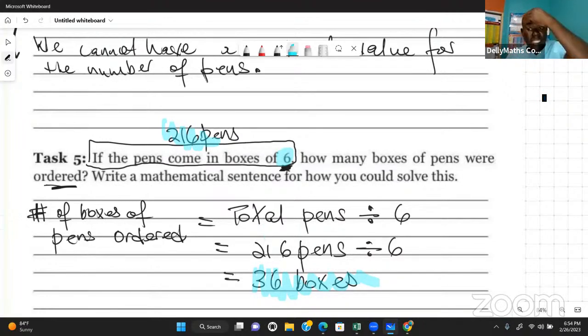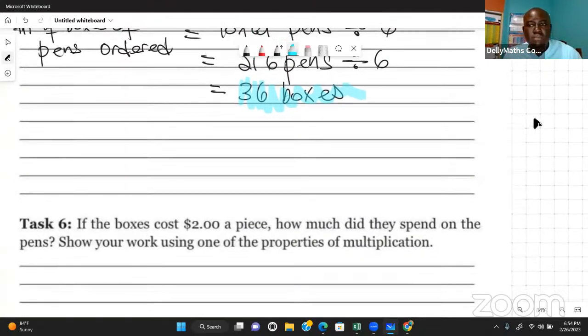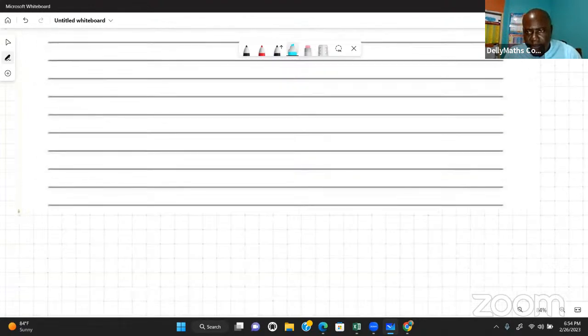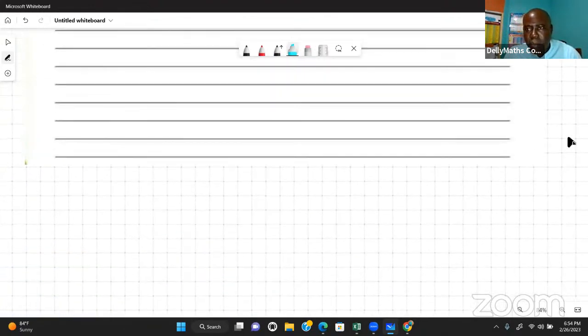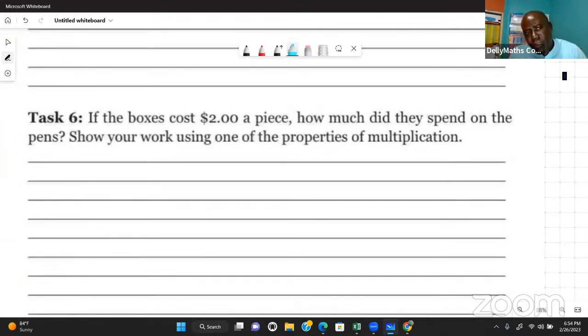Look at what they have and take your time, walk yourself through the situation. So there are 36 boxes that were ordered. Very good. Now, the last part. It says here that if the boxes cost $2 a piece, how much did they spend on pens?